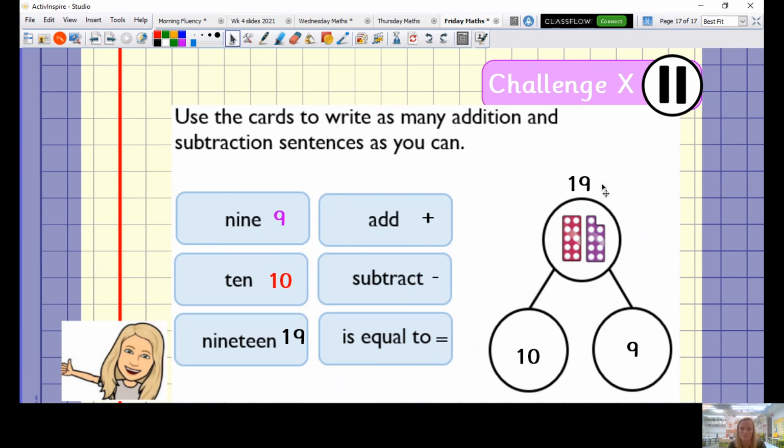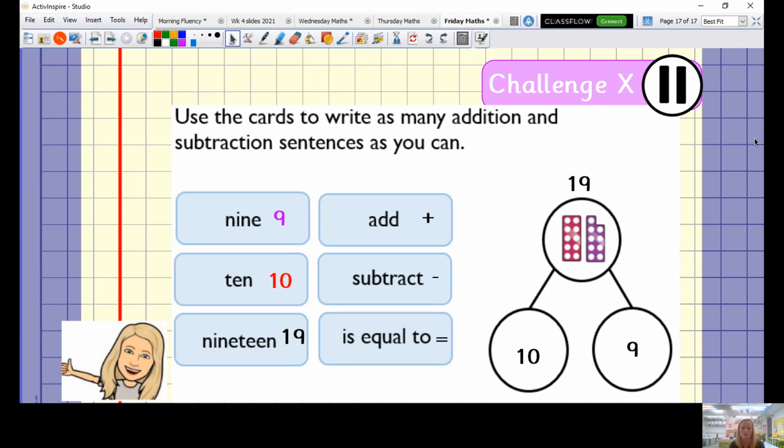Okay, so I've done it for you as a whole part model, 19, 10, and 9, just to represent all the numbers. Okay, because this is 19, so I've got 10, 11, 12, 13, 14, 15, 16, 17, 18, 19, and then I split it into 10s and 1s.